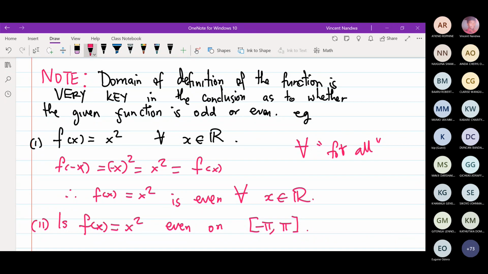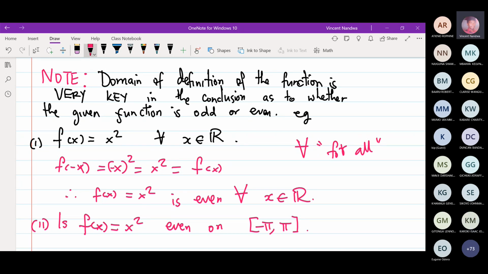Is it an even function in that given interval? Yes, it is.